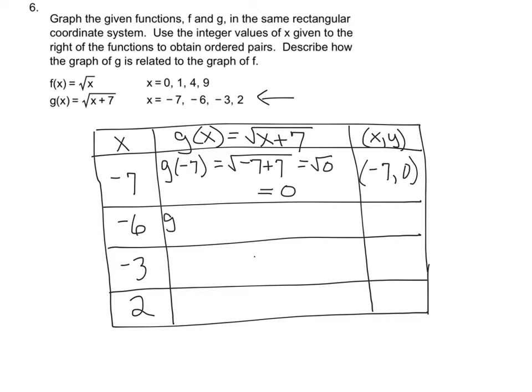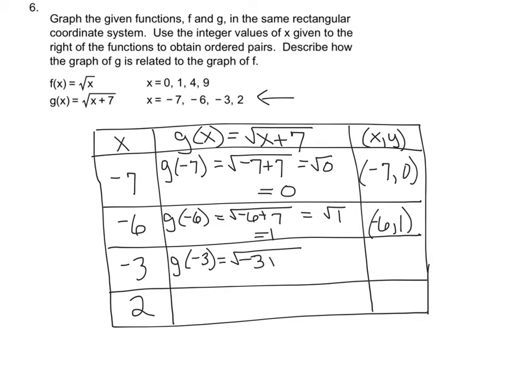Next, I'll find g of negative 6. That equals the square root of negative 6 plus 7, which equals the square root of 1. And the square root of 1 is 1. So my second ordered pair is negative 6, 1. And g of negative 3 equals the square root of negative 3 plus 7, which is the square root of 4.